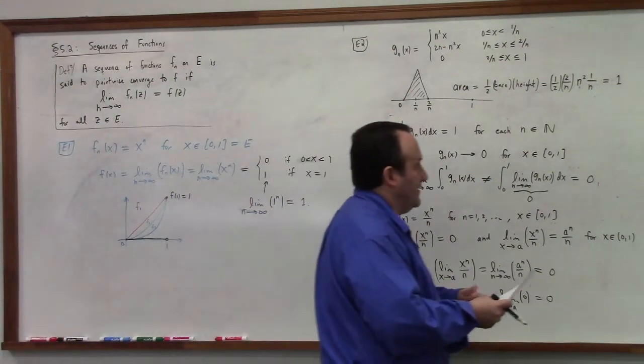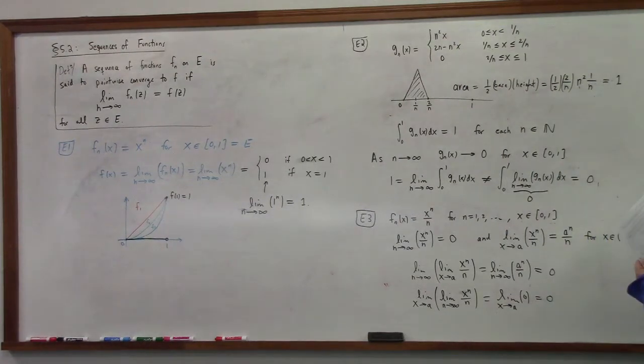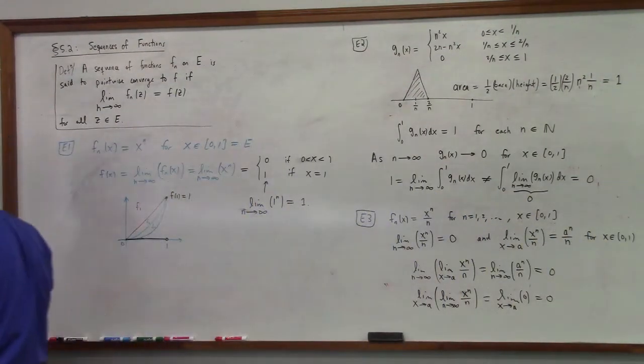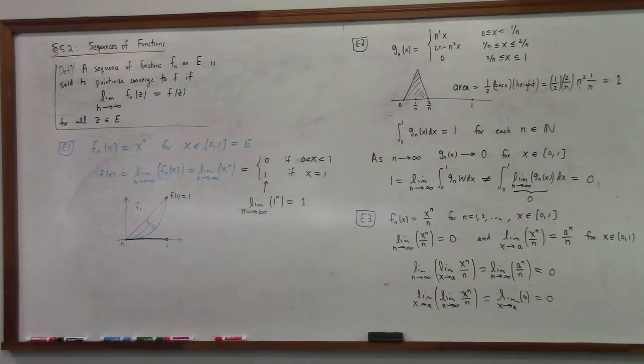So continuing example 3, example 4: if we look at d f_n dx, what is it? It's d/dx of x to the n over n. You remember the power rule? n x to the n minus 1. So what happens to the n and the 1 over n? They cancel, right?